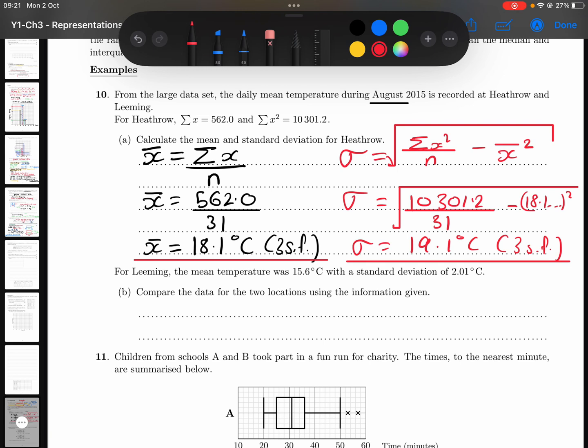If we compare the two means, the mean of 18.1 with 15.6, we can see that Heathrow has a higher mean than Leeming. So we can make a conclusion that it is warmer in Heathrow on average.